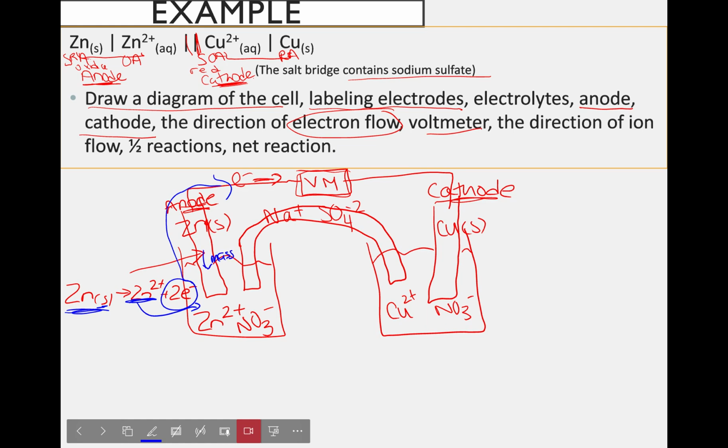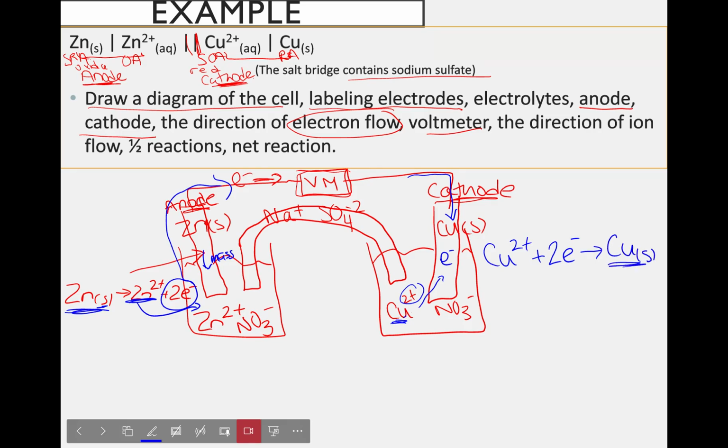So this zinc solid is getting broken down, and if it's getting broken down, that means it's going to decrease in mass. On the other side, you have electrons coming over to the cathode, and so now we have electrons hanging out on this cathode. Negative will attract positive. So these positive copper ions are coming out of solution, so they're going to join with those electrons, and every ion will need 2 electrons, and it's going to make more solid.